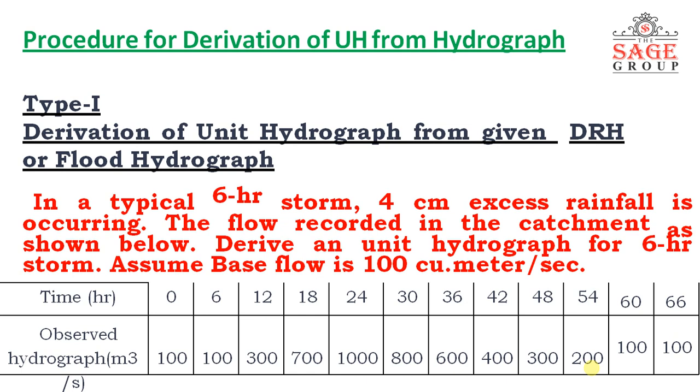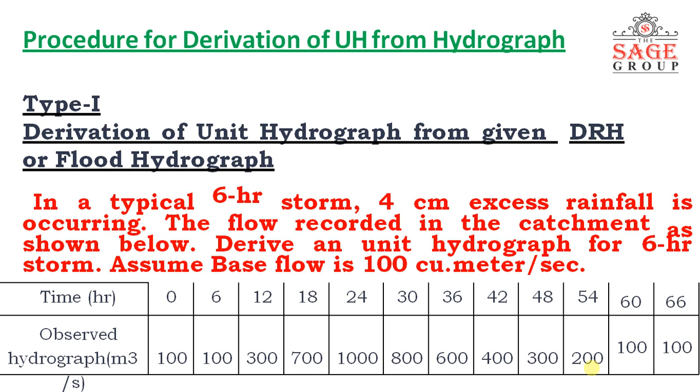For the corresponding time intervals, we have the observed hydrograph. At time 0 hour we have 100 meter cube per second of runoff. Then at time 6 hour we have 100 meter cube per second of runoff. Similarly, at time 60 we have 100 meter cube per second of runoff.